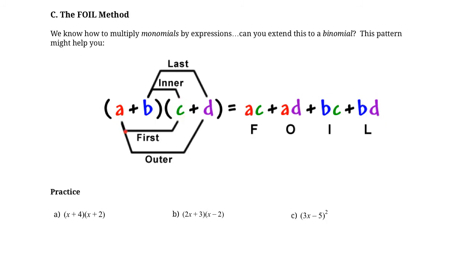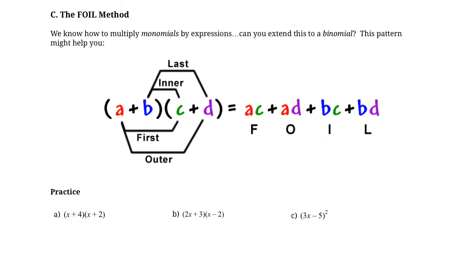So that would mean A multiplied by C is AC. And then we have the letter O, which stands for outer. So that means take the terms on the outer ends of your brackets. So that would be the A in the first bracket and the D in the second bracket. So A multiplied by D is AD.